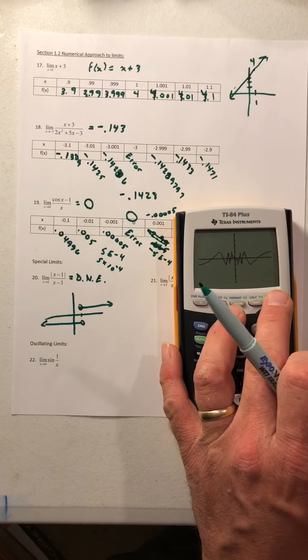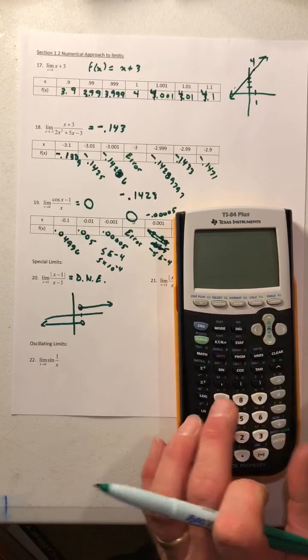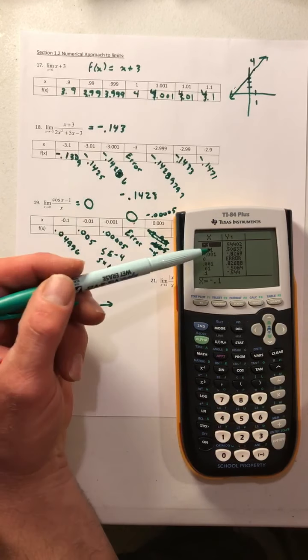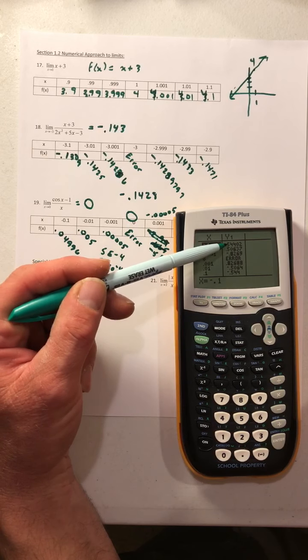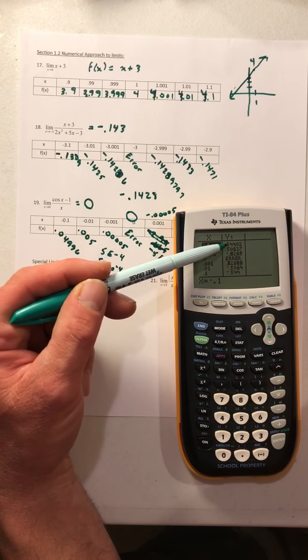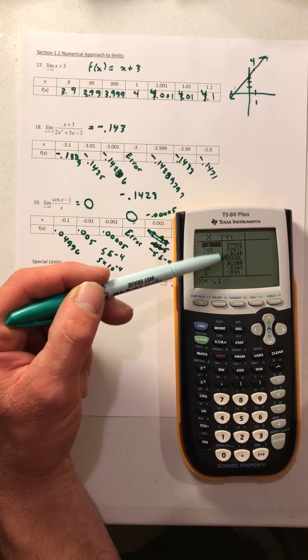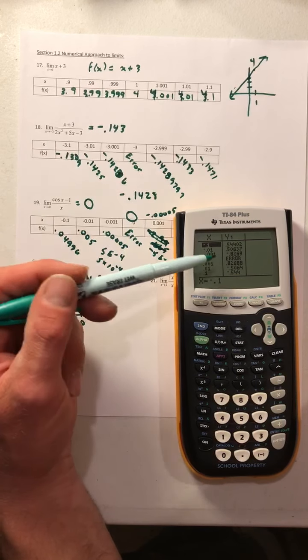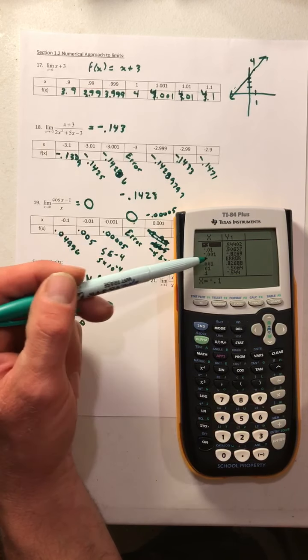Well, if we do a table there, what's happening around 0? If I look at my values, on the left side, I go from almost a half, a little less than half. Then I jump down to a negative. At 0 again, I have an error, because that's what we're looking for the limit of.